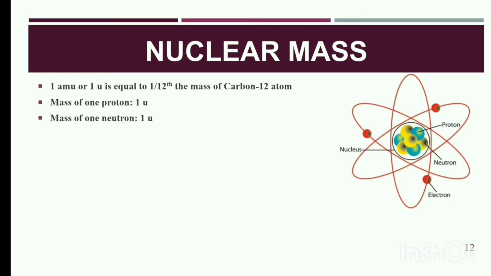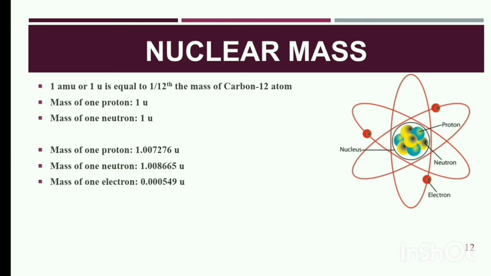But in reality, when we measure them to a very high degree of accuracy, we find that the mass of 1 proton is almost equal to 1.007 U, and the mass of 1 neutron is almost equal to 1.008665 U. So here you can see that the mass of the neutron is greater than the mass of the proton, and I'll tell you the reason towards the end.